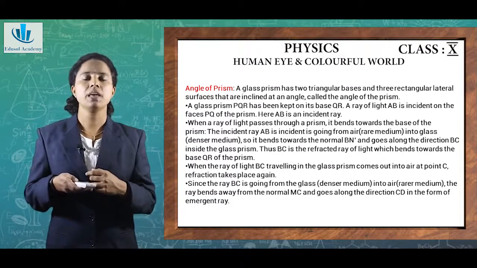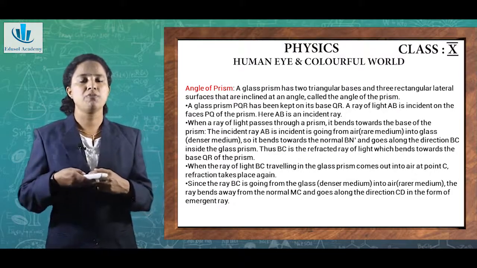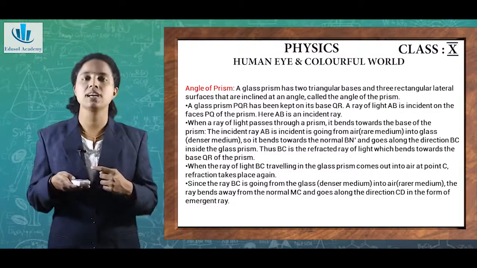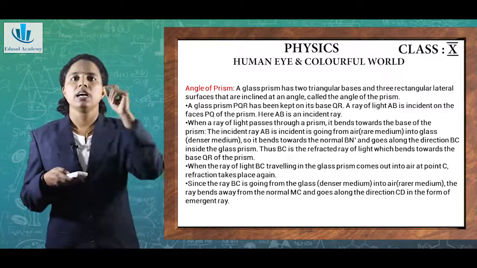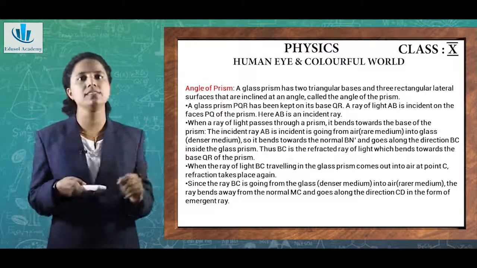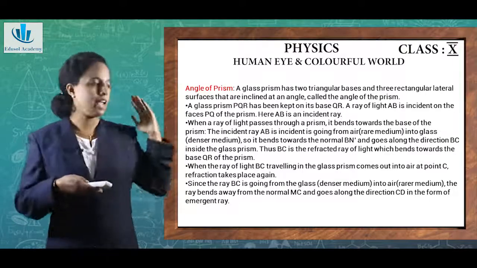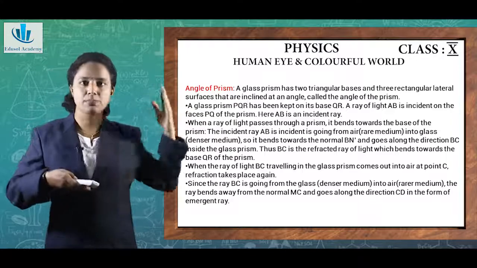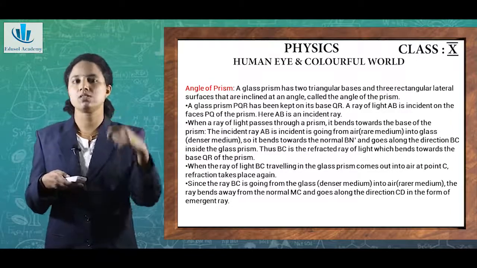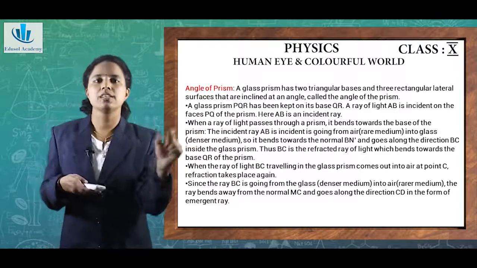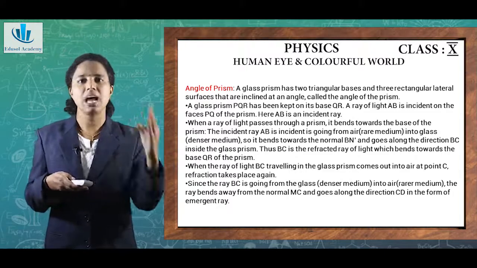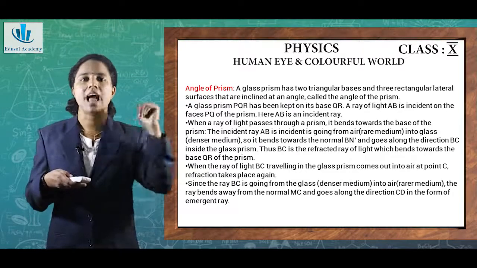From this figure, the prism triangular PQR is placed and kept on the base QR, in which the base is QR. As we have said, ray of light AB is incident on the face PQ, so AB is the incident ray. Whenever you are asked such a question, it is very important that you clearly label the incident ray, the refracted ray, and the emergent ray, as well as the angle of prism and angle of deviation.